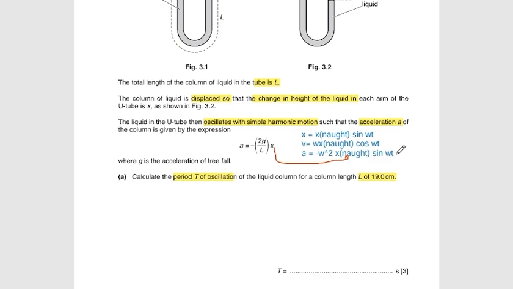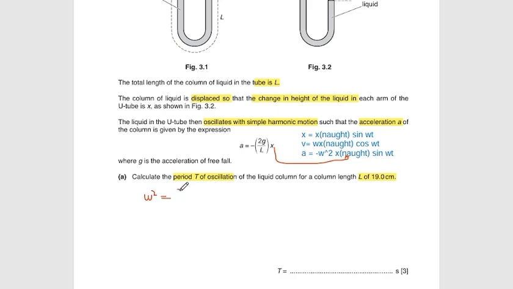Sine omega t isn't needed, so we can cut this out. We're left with a is equals to minus omega square x naught. Usually this is the formula we use. And then you have minus right here, so obviously the only thing left is omega square, and that is 2g over L.